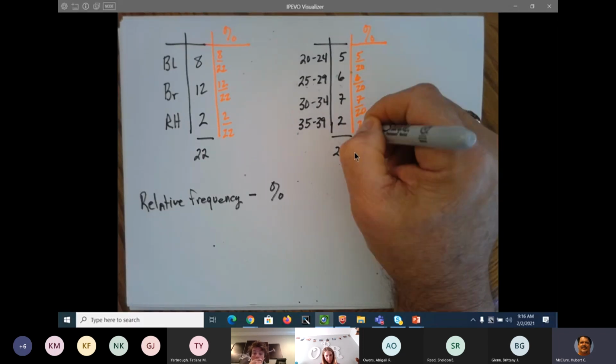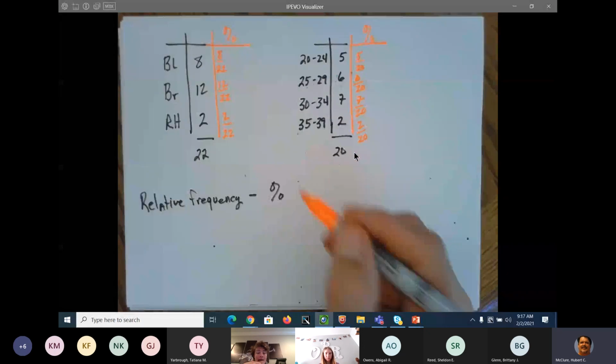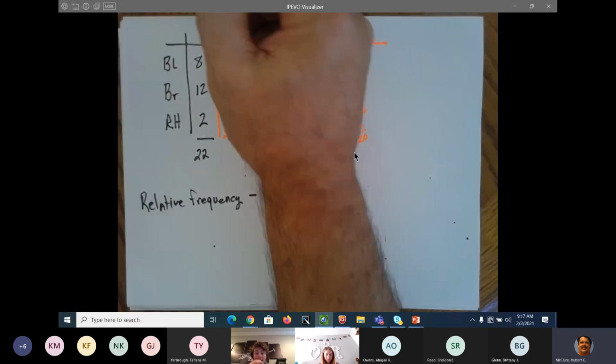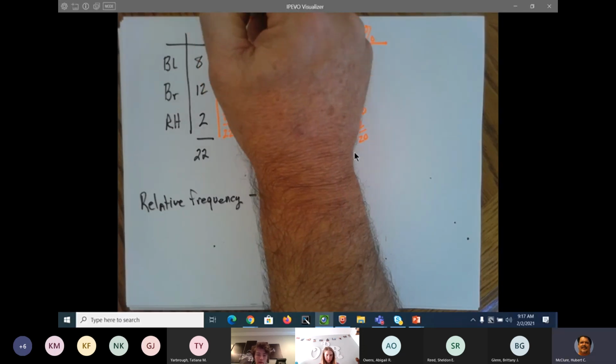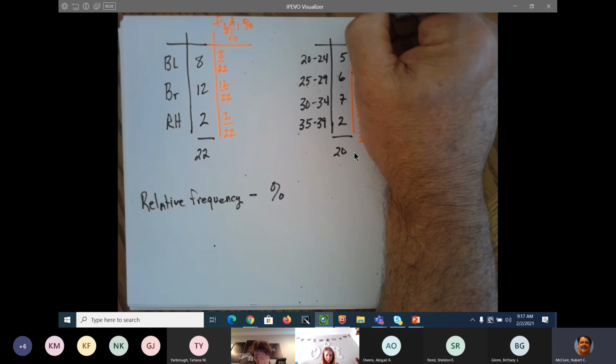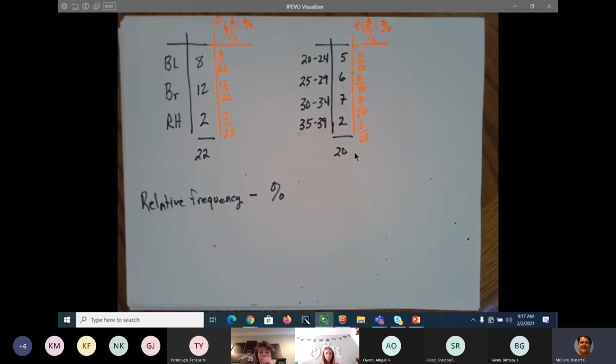And 2 divided by 20. Now, they may ask you to put it in a fraction form, simplified. I'm going to put fraction, decimal, or percent. That means that the directions could ask you for any form.